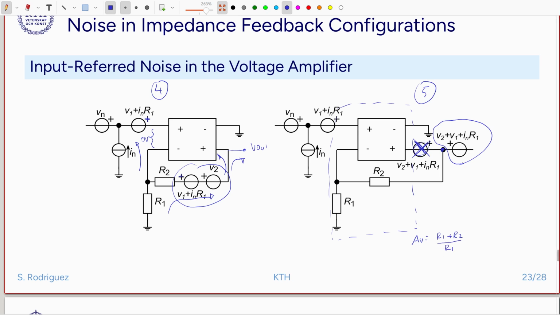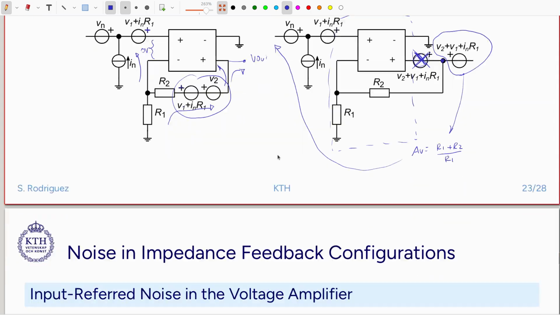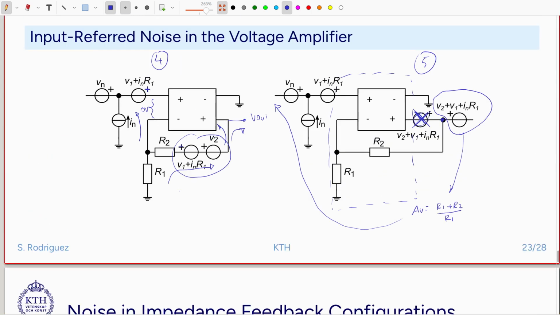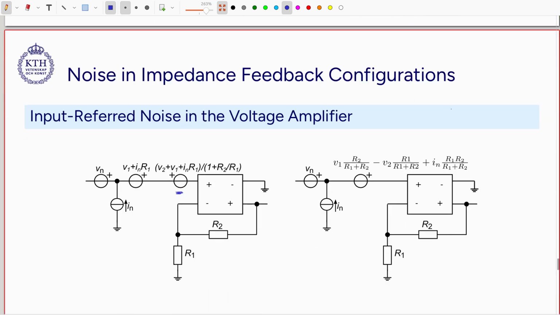So when we divide this voltage at the output by this gain, we will get an input-referred noise voltage. That is what we do here. It is important to keep the sign. The sign was here, and the sign will also be here.